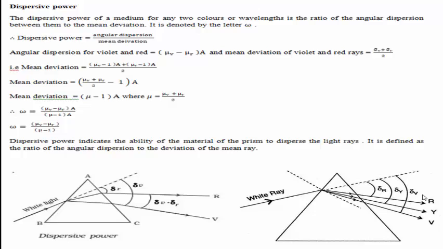Now we have to calculate the dispersive power of a prism. The dispersive power of a medium for any two colors or wavelengths is the ratio of the angular dispersion between them to the mean deviation. It is denoted by the letter omega.